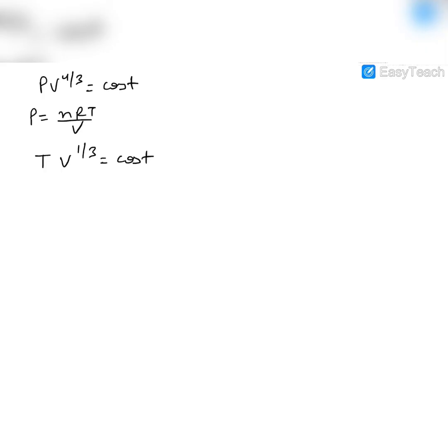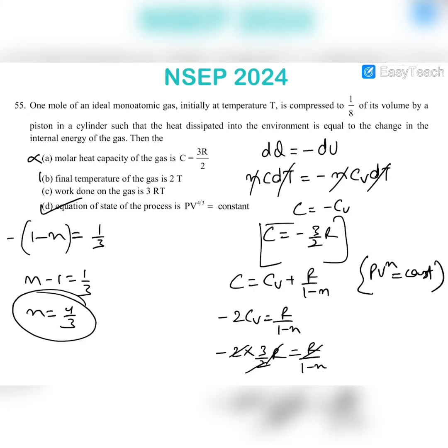So the initial temperature and initial volume are T and V, and the final temperature is T dash and final volume is V/8. So you can see that T dash will be equal to twice of T. So the final temperature will be twice of T.